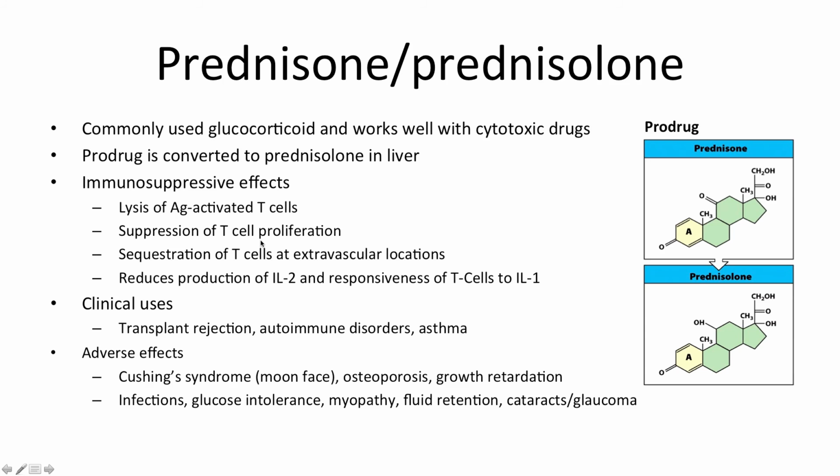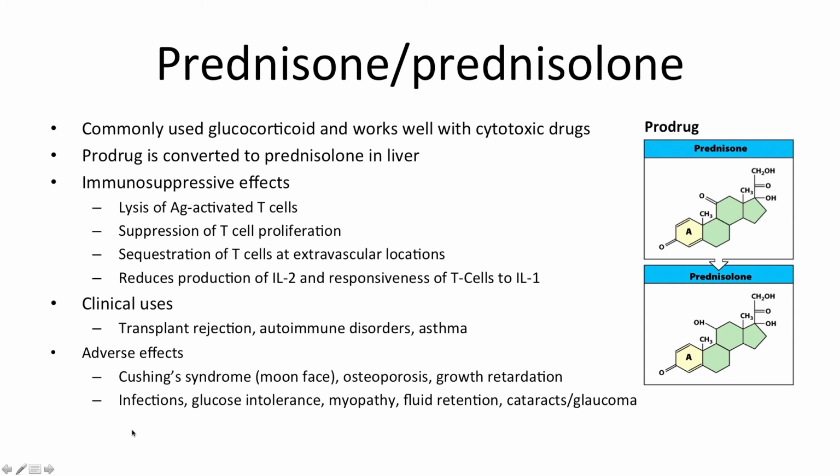It can suppress T cell proliferation, cause sequestering of T cells at extravascular locations, and reduce interleukin-2 production and T cell responsiveness to interleukin-1. Clinically, prednisone is used to treat many immune disorders like autoimmune disorders, asthma, and it is also commonly used in transplant rejection.